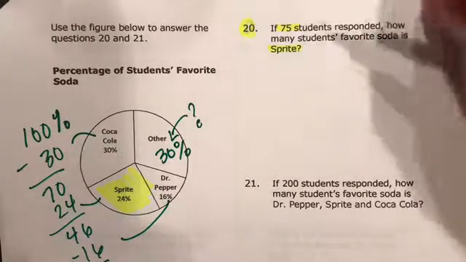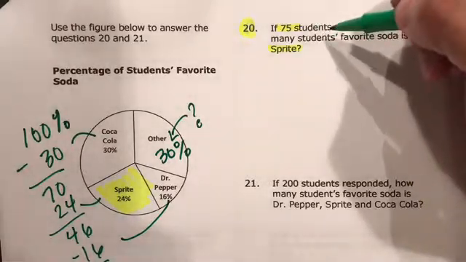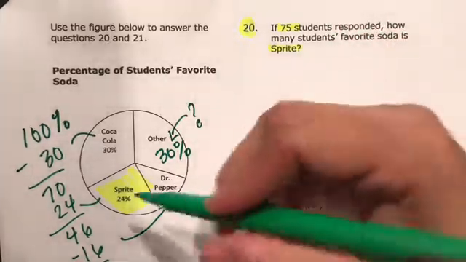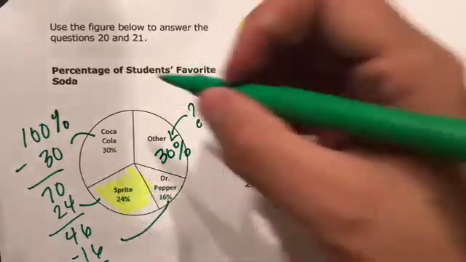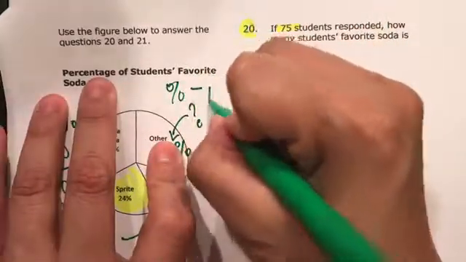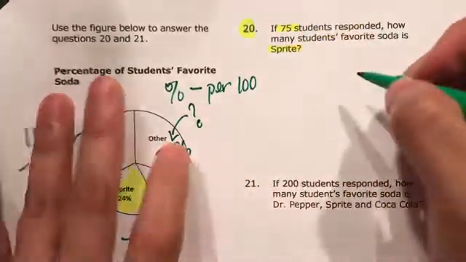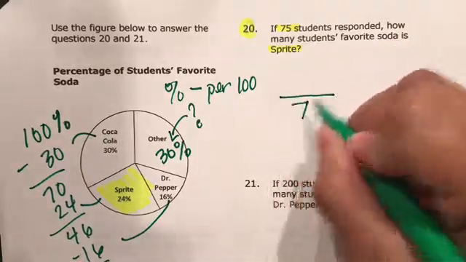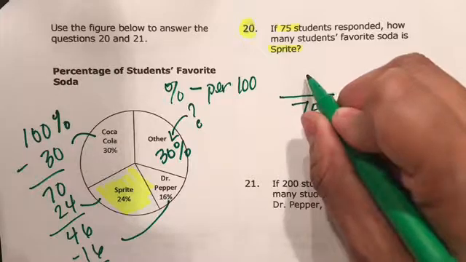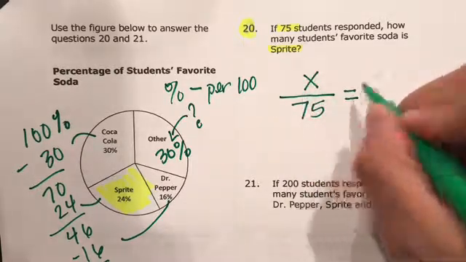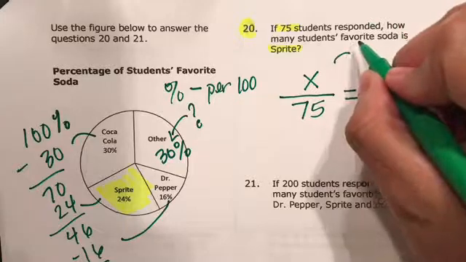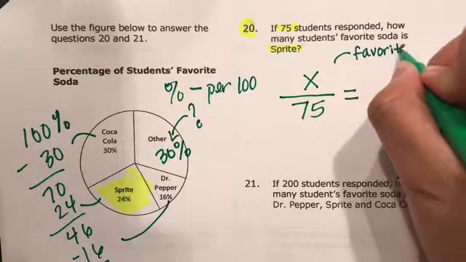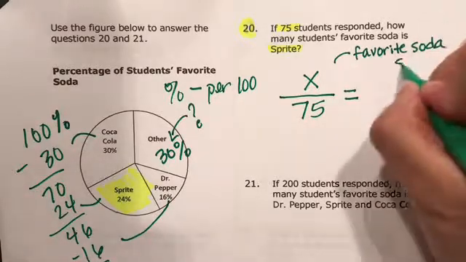Now if we look at the problem again, it says 75 students responded. If 75 students responded, how many students' favorite soda is Sprite? So this is 24, so percent means per 100. So we can make this into a fraction. I don't know how many students out of 75 I have, so we're going to make that the variable x. So x is going to be the favorite soda Sprite.